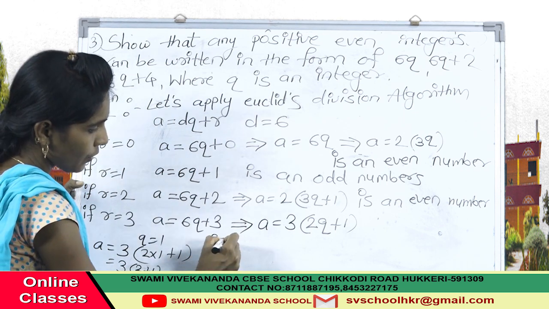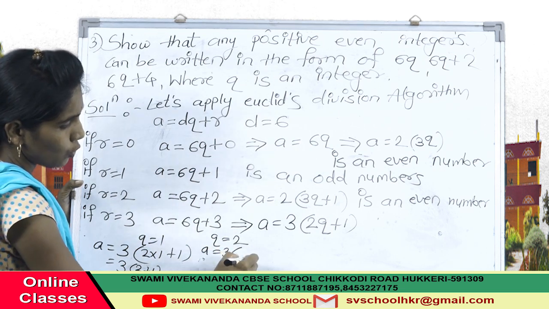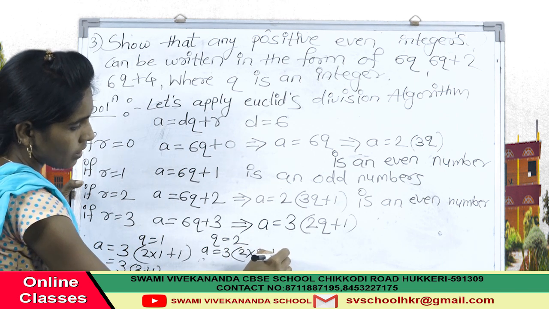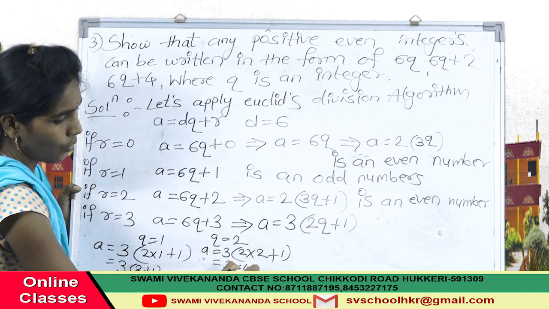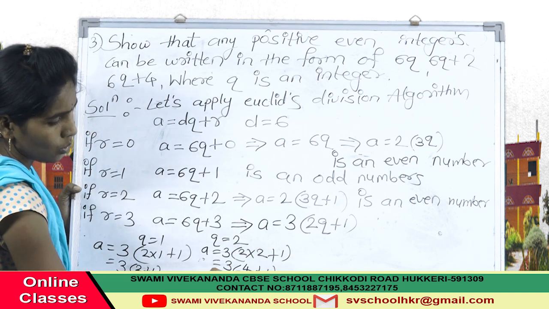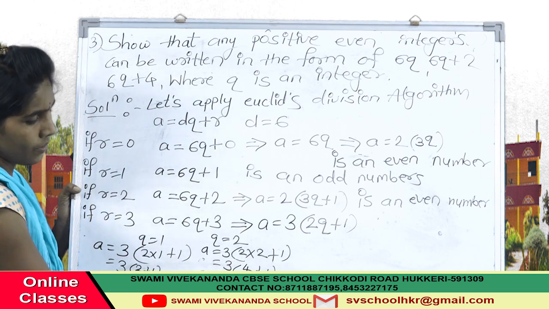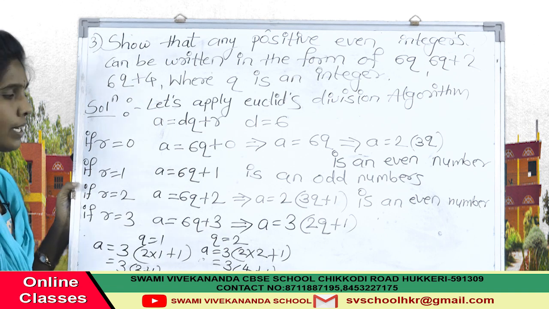Next, if q is equal to 2, a is equal to 3 into bracket 2 into 2 plus 1. 2 into 2 is 4 plus 1 is 5. 3 into 5 is 15. Which number are these? Odd numbers.